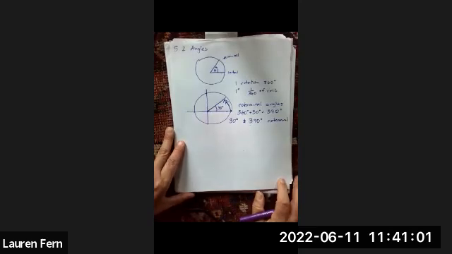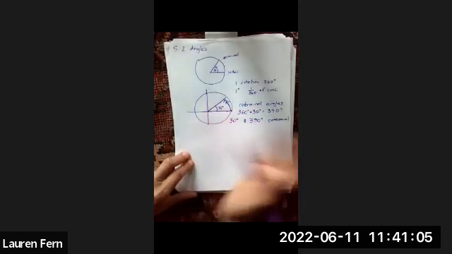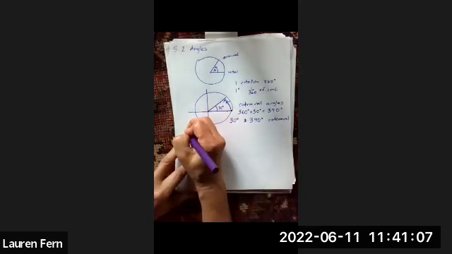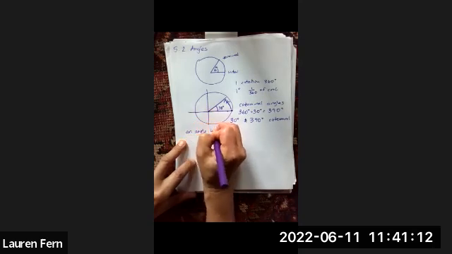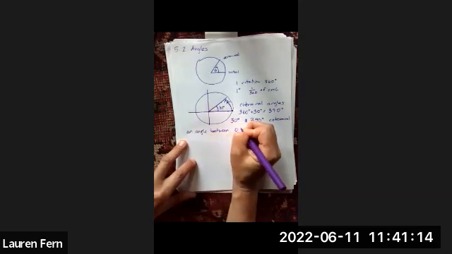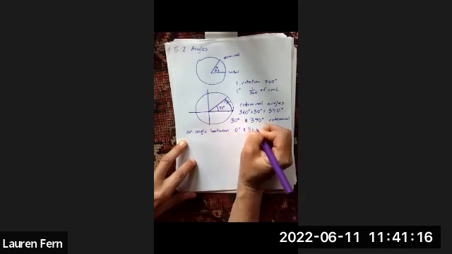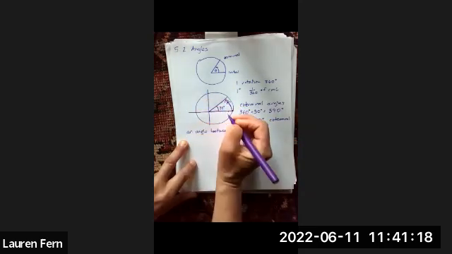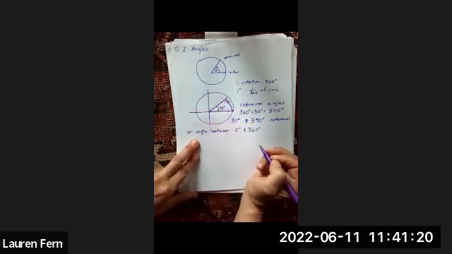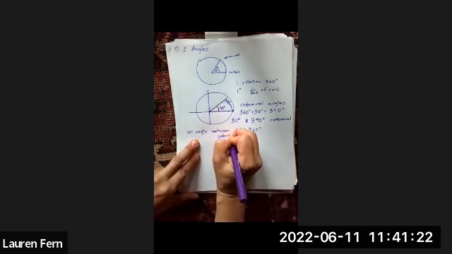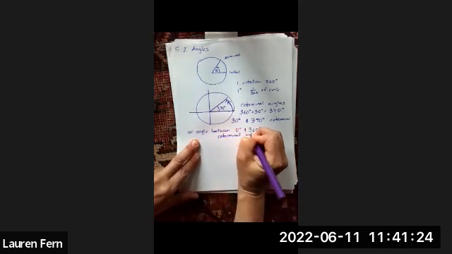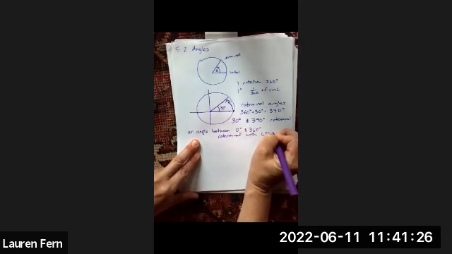So what if I wanted you to find an angle between 0 and 360 degrees, in other words, just one rotation around my circle, that's coterminal with 685 degrees?